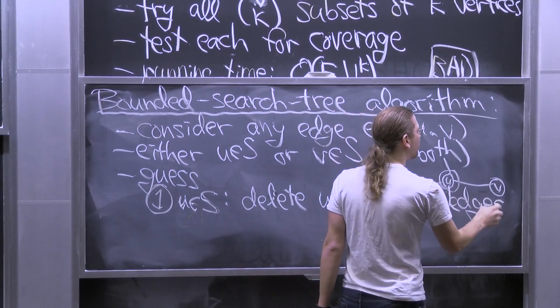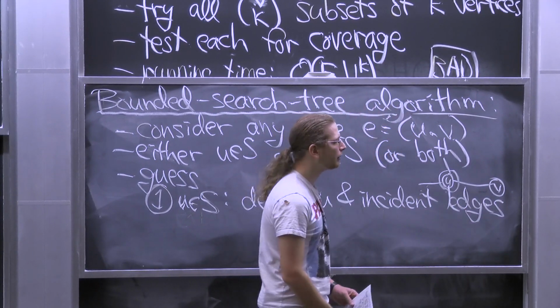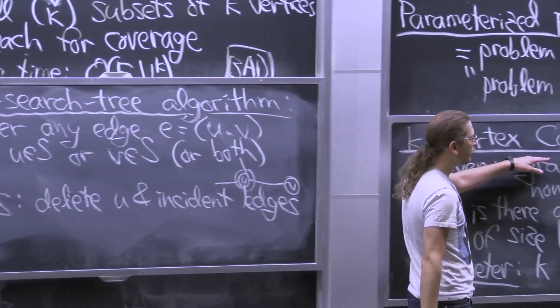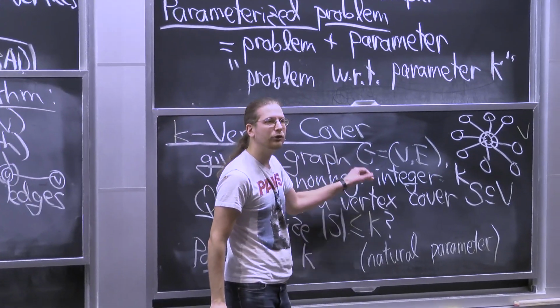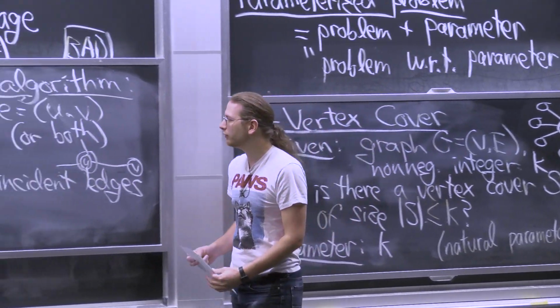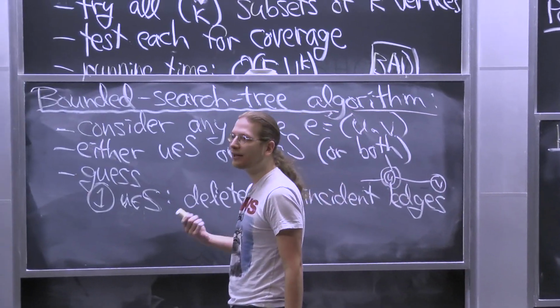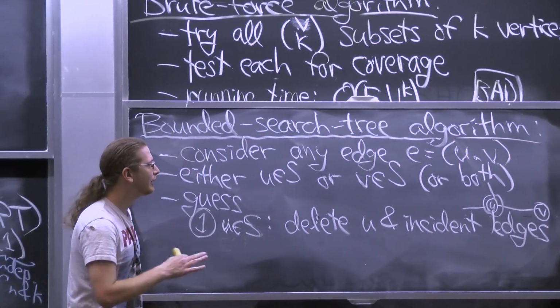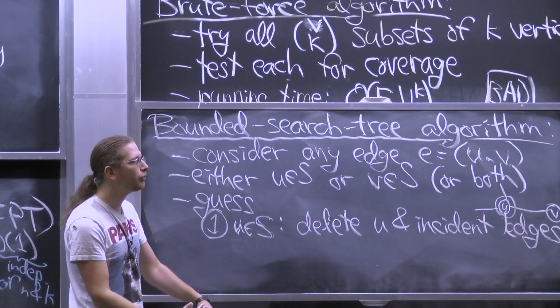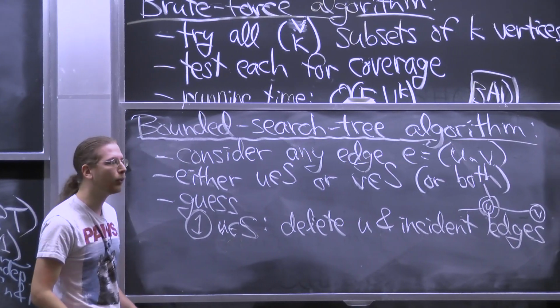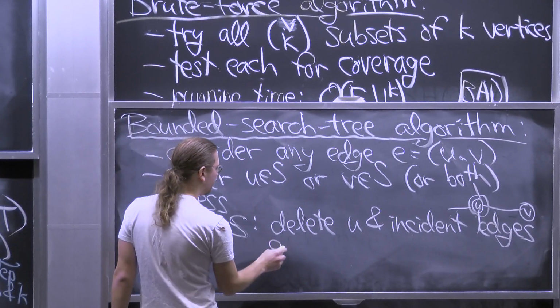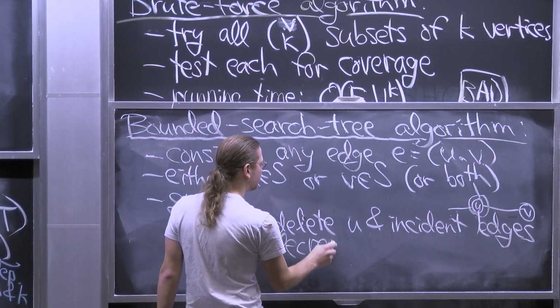Now we have a vertex cover instance. There's a new graph, but we also need to update K, because we just added something to S. And then we deleted that from the graph, which means in our new graph, effectively, K has gone down by 1. So I'll say decrement K.